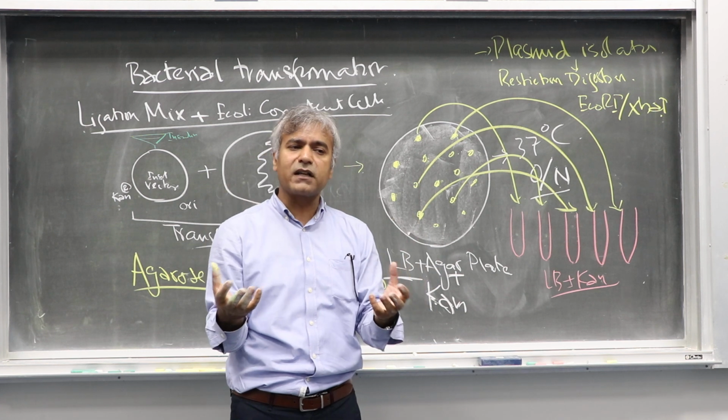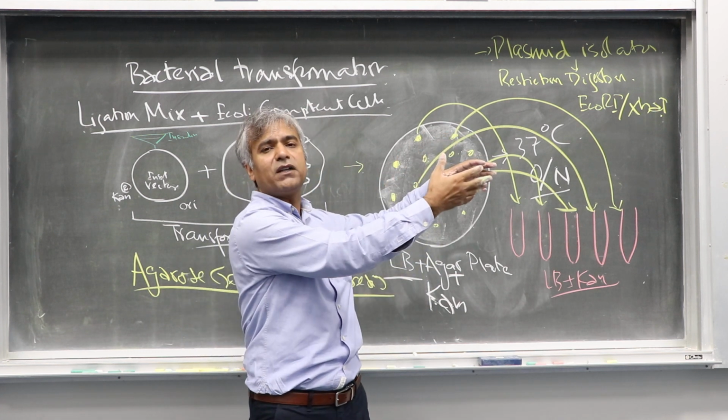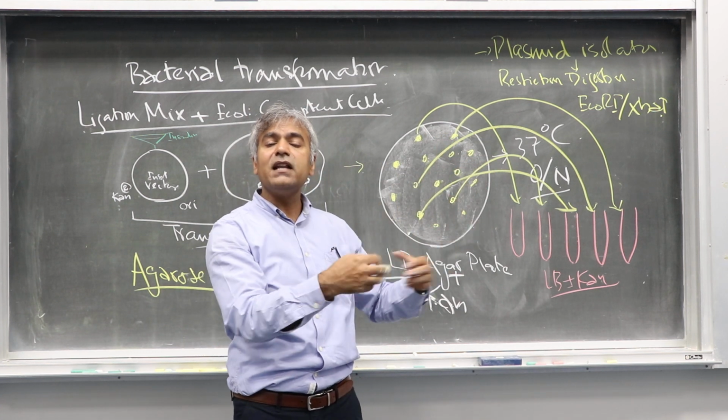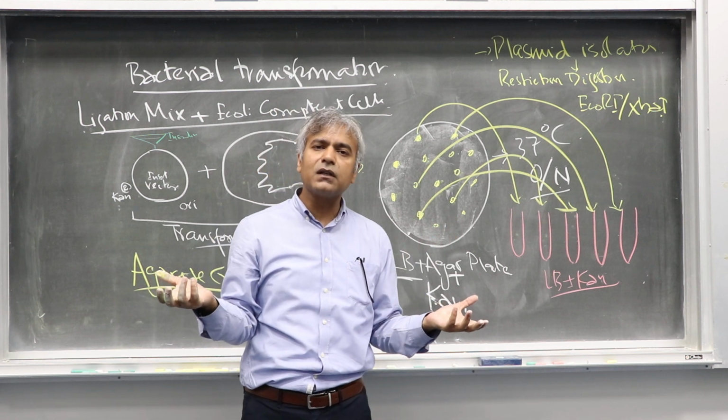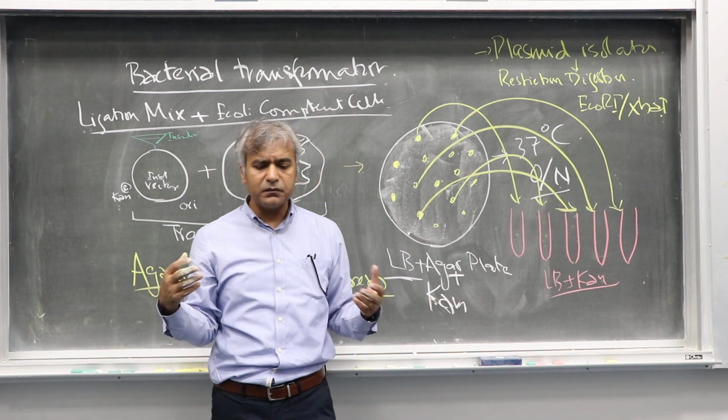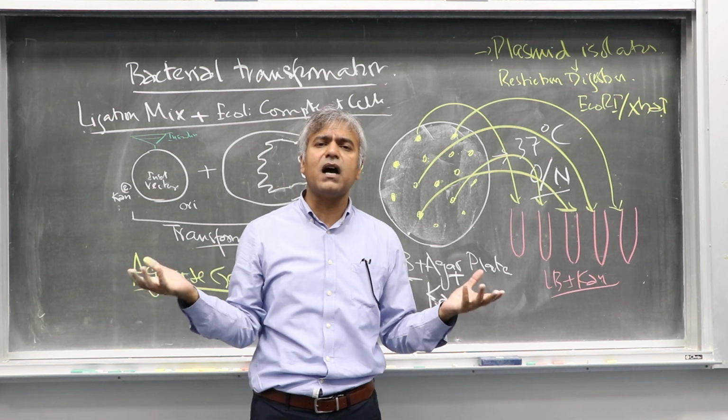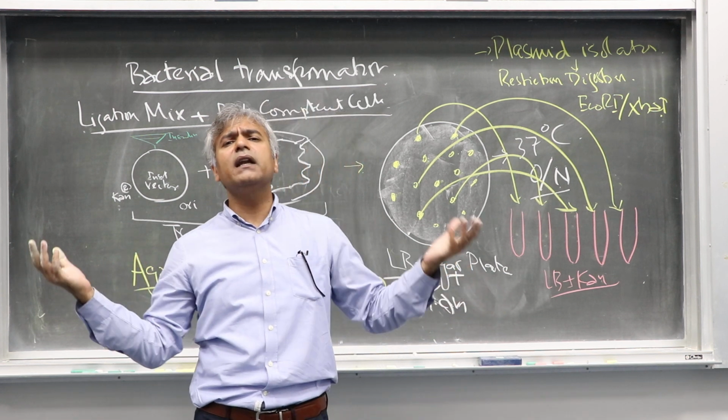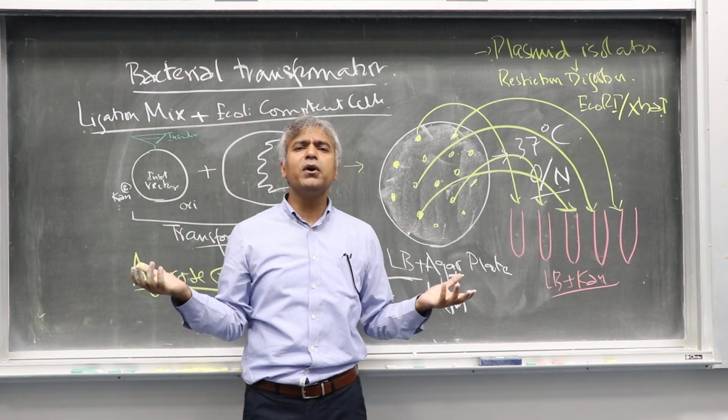Once you confirm this chimeric construct, you go back to bacteria, a different strain of bacteria, and that bacteria is then going to produce this insulin for you, and you will have a mass scale or large scale production of insulin, or let's say any protein.